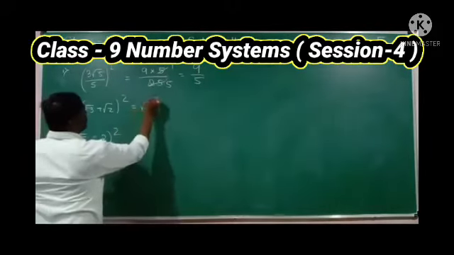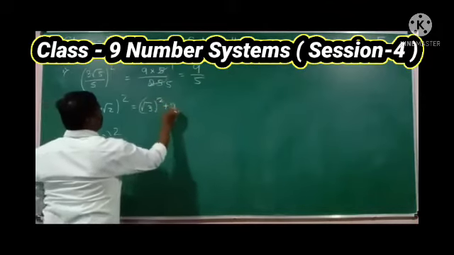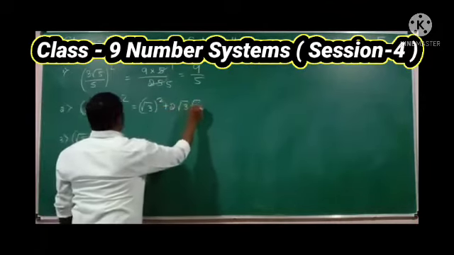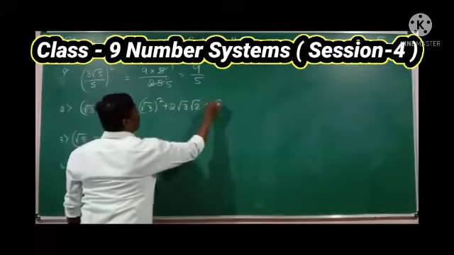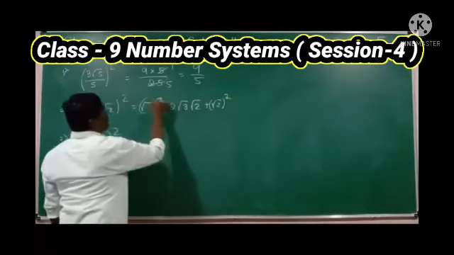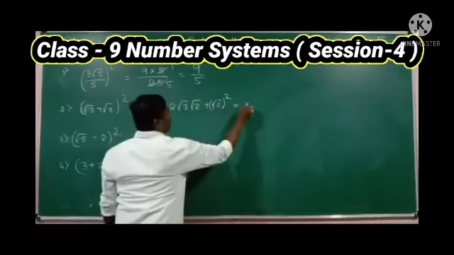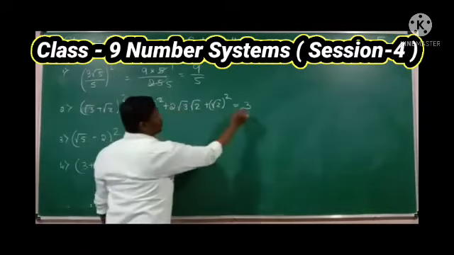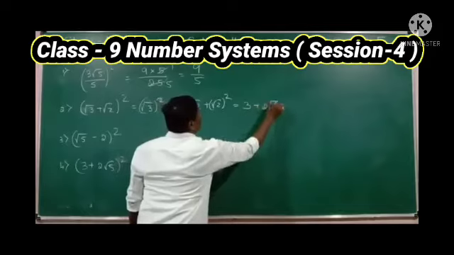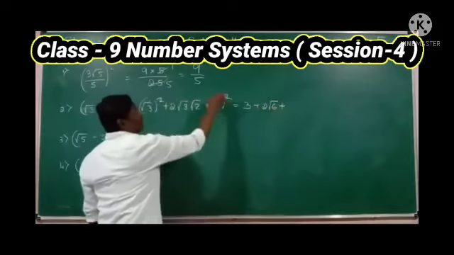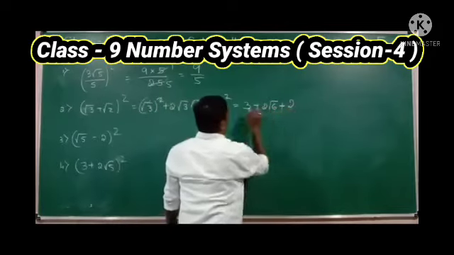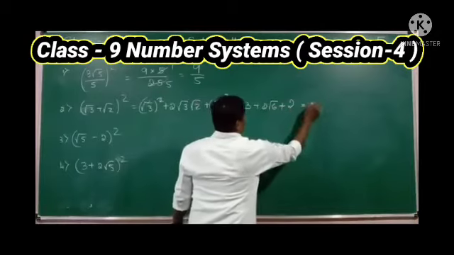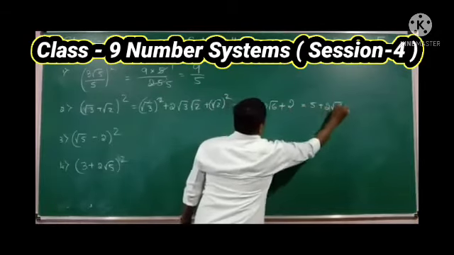So root 3 whole square plus 2 into root 3 into root 2 plus root 2 whole square. Square and root get cancelled, remaining 3, plus 2 root 6, plus again remaining 2. So 3 plus 2 is 5 plus 2 root 6.